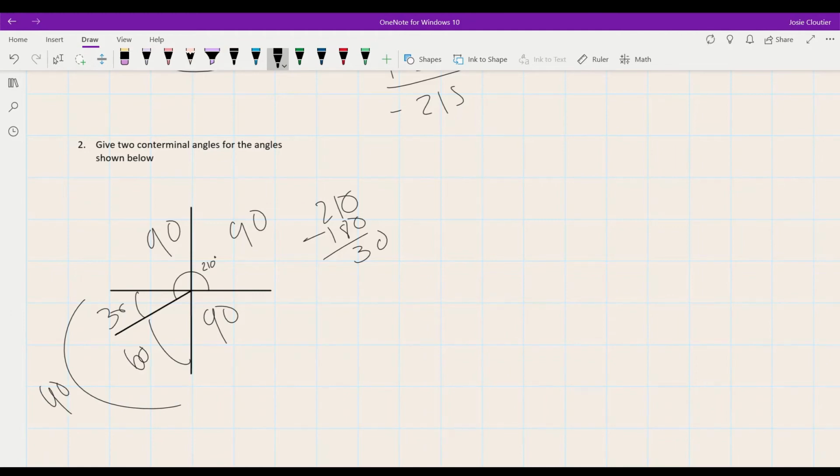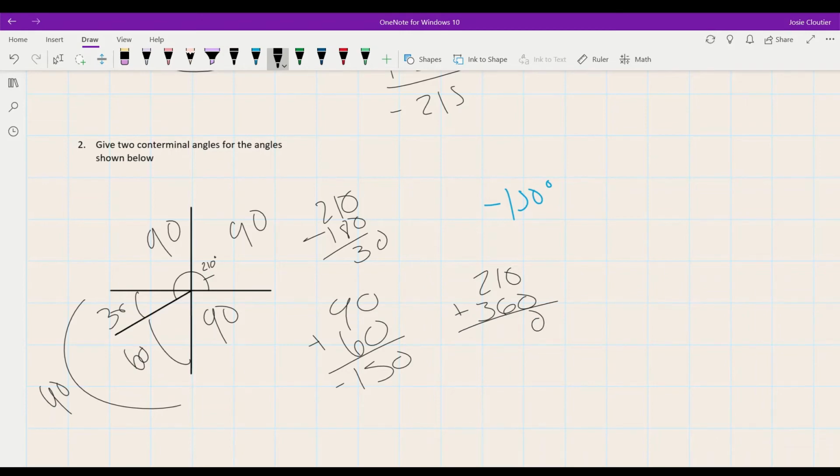So we can say 90 plus 60 equals 150. It's going to be a negative. So one coterminal angle is negative 150 degrees. Now, to find our second coterminal angle, we will add 360 degrees to the angle we're given. So 210 plus 360, we get 570 degrees.